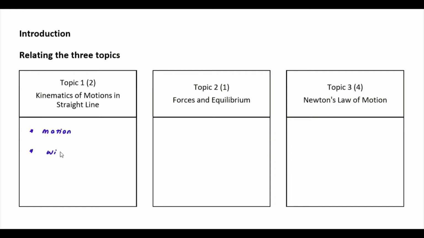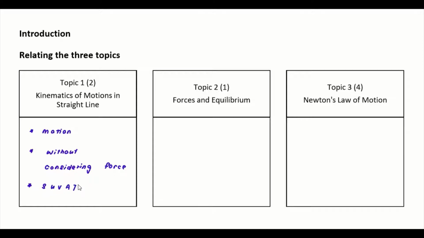In other words, we find out all the motion without considering the thing that caused it, which is the force. Under this chapter, we learned the formulas for constant acceleration, which are the SUVAT formulas.